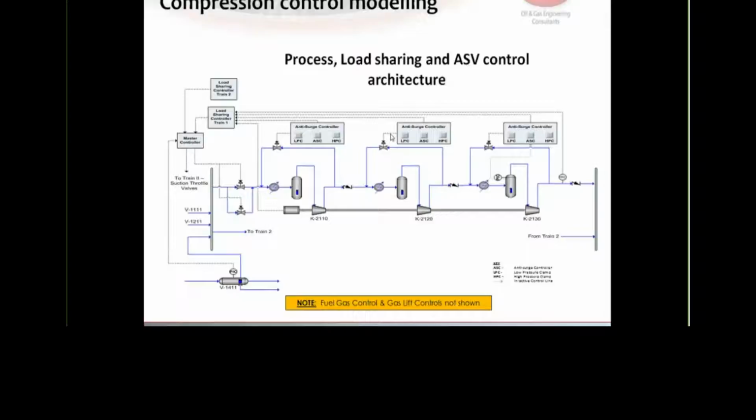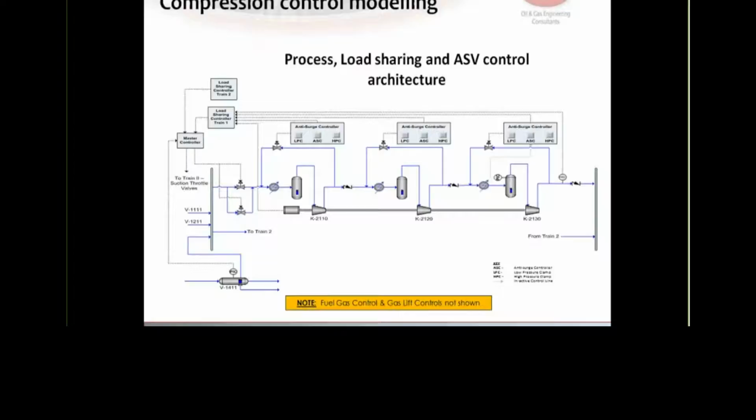So from this diagram, what you can take away is that you have the master controller that is taking the signal from both load sharing controllers for the trains, but it's also taking a signal from a pressure controller on a separator and also a current limiter controller of the motor. So it is quite a complicated architecture if you think about that. Every compressor section obviously has to be maintained outside recycle, but at the same time working with a load sharing controller.